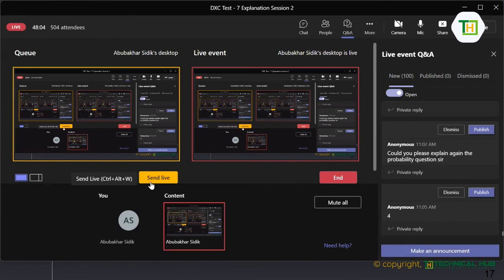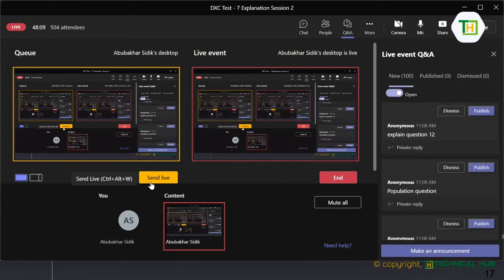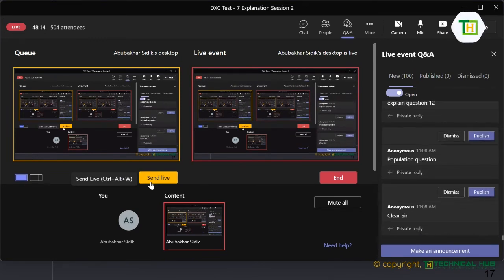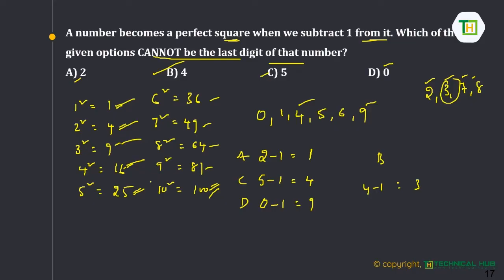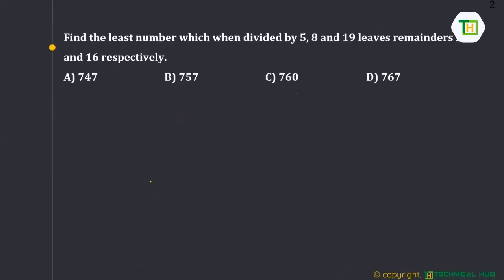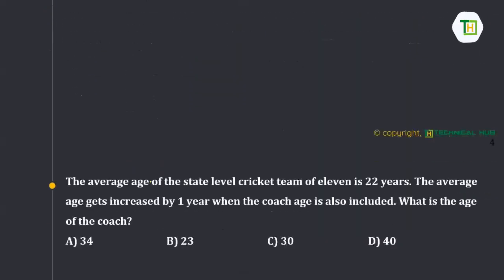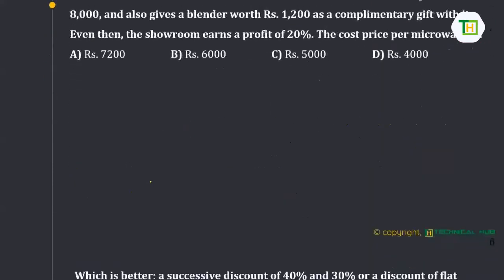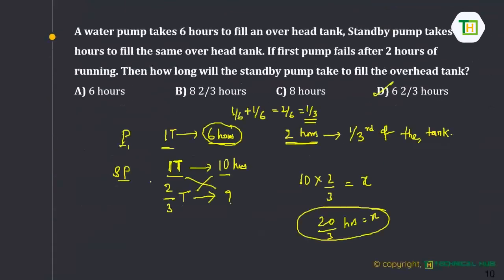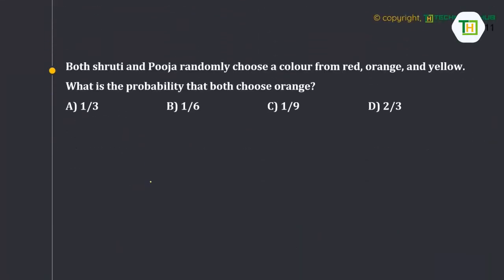So one student asked, could you please explain again the probability question? Explain question 12 and the population question. Okay, let's see what question 12 is.